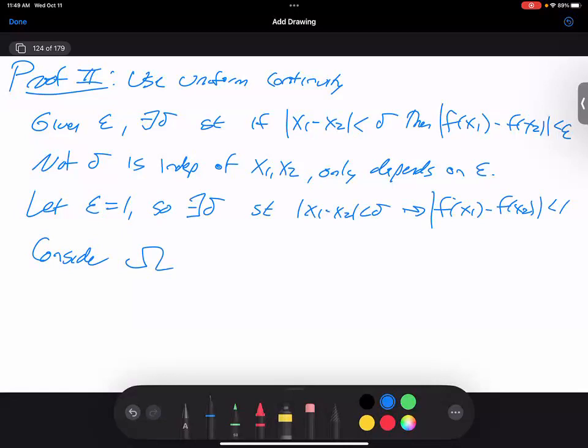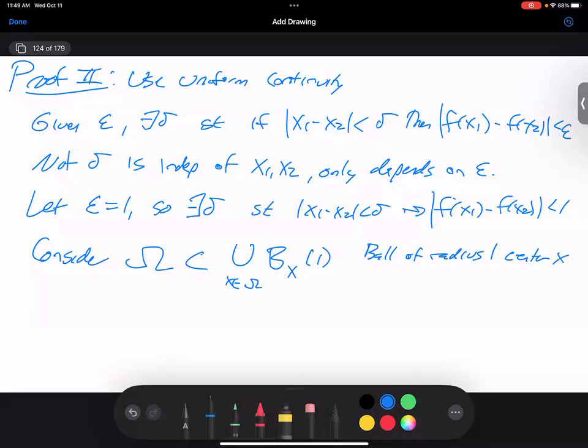Consider our set omega, which is going to be contained in the union of the balls about x of radius 1, so the ball of radius 1 centered at x, for x in omega. Do we agree that omega is clearly contained in this union?